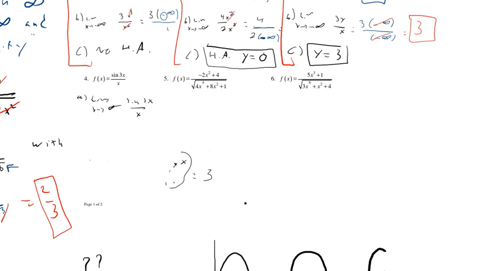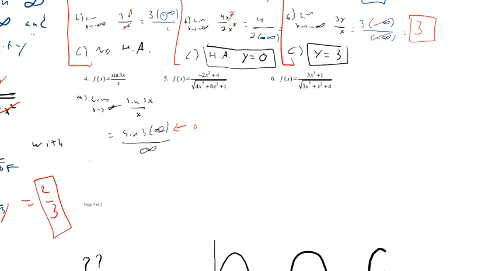This is going to be the sine of 3 times infinity over infinity. Now this part up here oscillates forever.